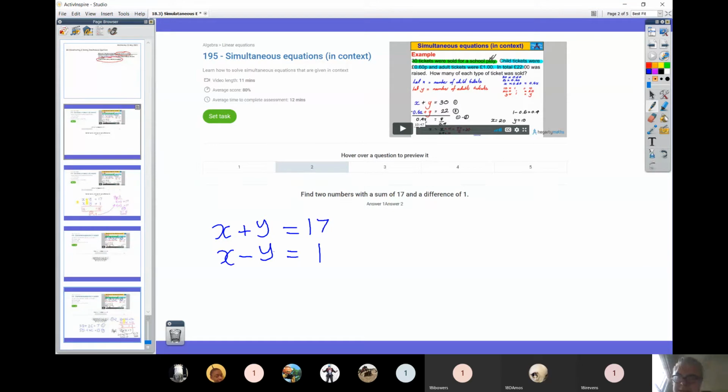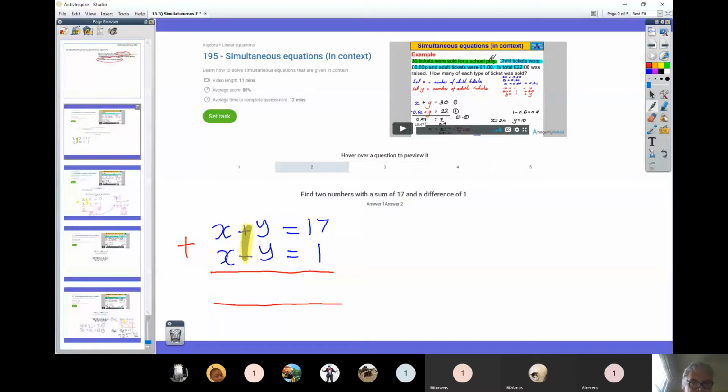Now, I'm going to choose to eliminate the y's here. I want to get rid of the y's. Because the y's have got a different sign, we're going to choose to add these two equations together, and that will get rid of the y's. So I'm going to add the two equations together. x plus x is obviously 2x.